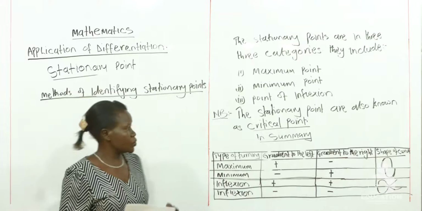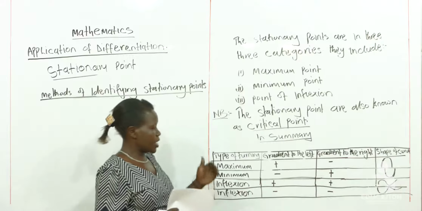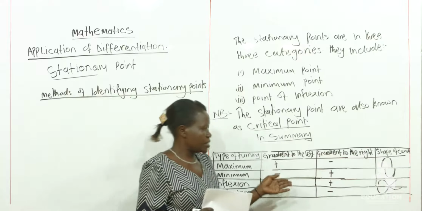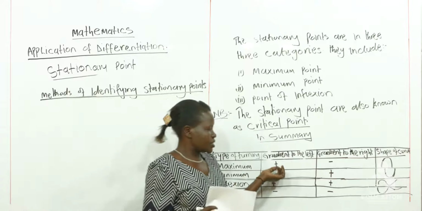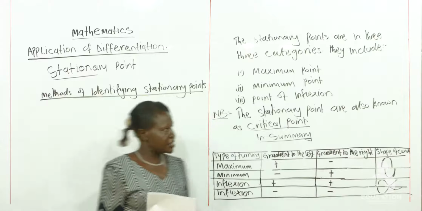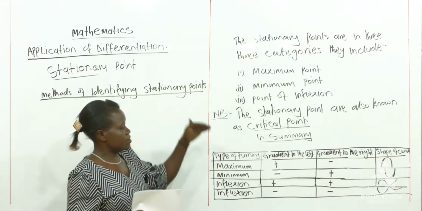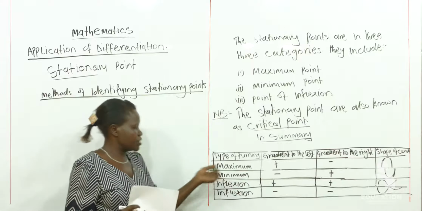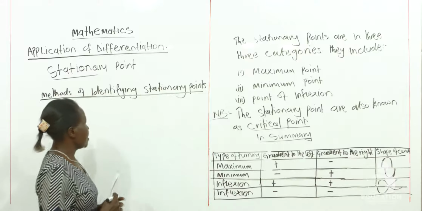And then you also want to see what has happened to the point. If the gradient has changed from positive to negative, then my turning point will be a maximum.